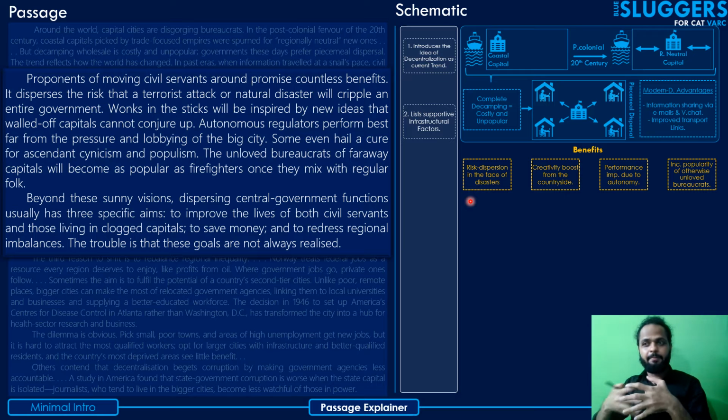Because now they'll mingle among the people, with the masses, and the way firefighters are admired and kind of loved by the people, in the same way, now the bureaucrats might also get to mingle with the people, and there'll be less negative qualities attributed to them, right? So that's what he means to say by citing this as the final benefit. Okay.